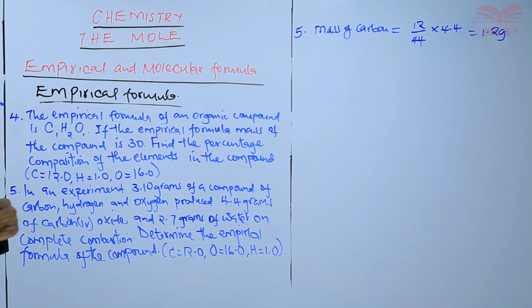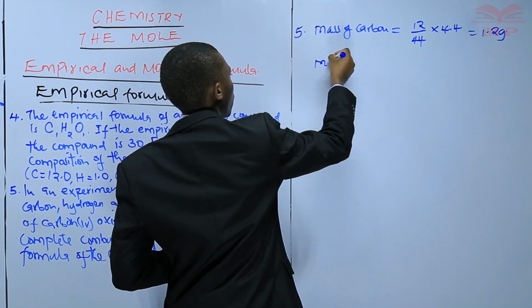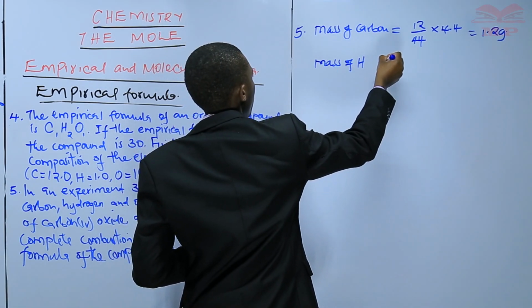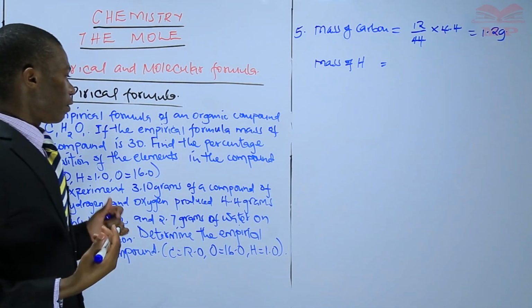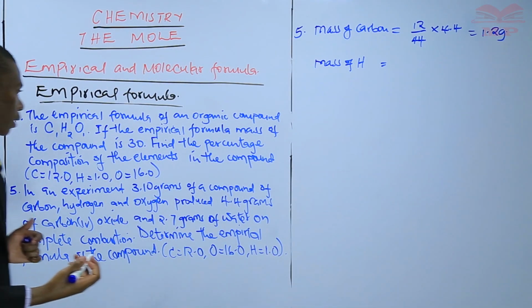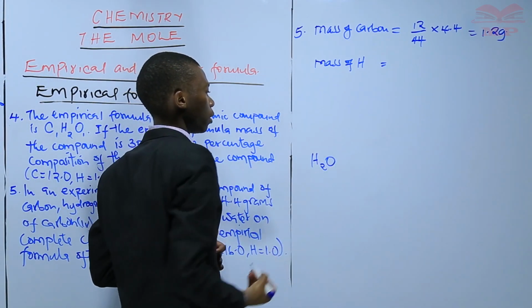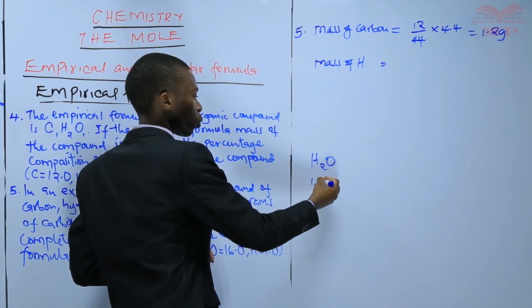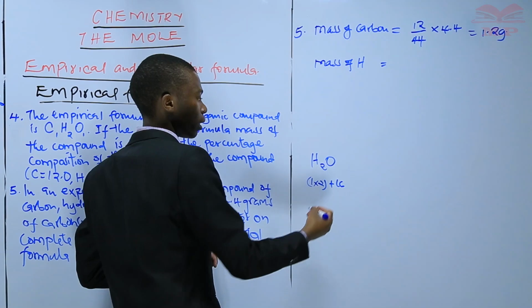Next, we need to calculate the mass of hydrogen from the water. The mass of hydrogen is given by this, the formula of water. The relative formula mass is 1 times 2, the mass of hydrogen, plus the mass of oxygen, 16.